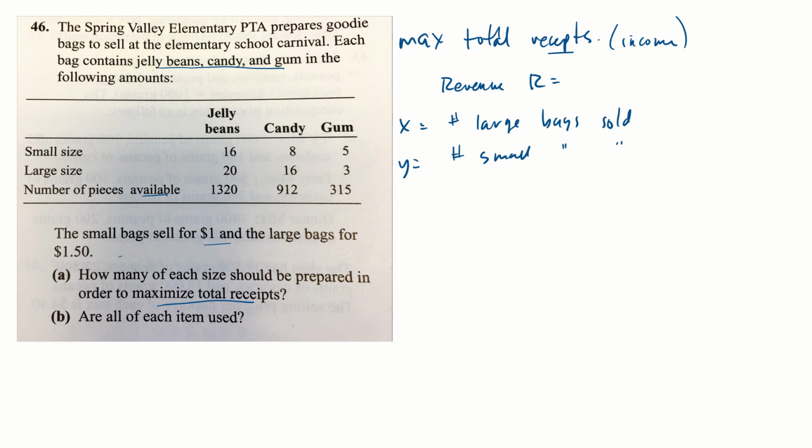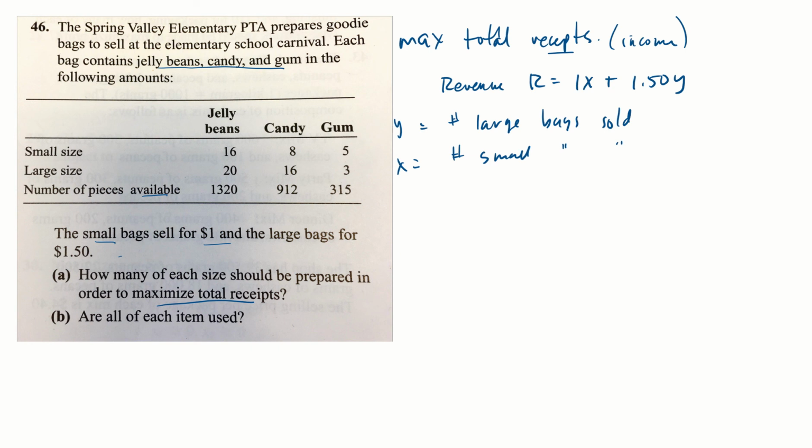So we're going to have $1. Small bags are $1. See, look, I messed these up. I'm going to call X the small. It does not matter, but the first variable we used is small, so that's going to be X. Just makes me less likely to make a mistake. Large bags are $1.50. So there's my revenue.